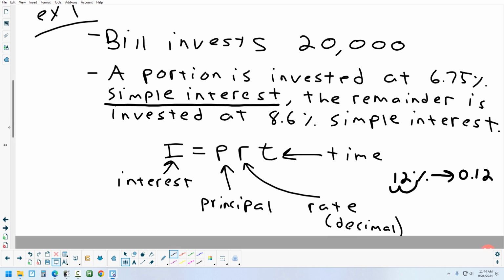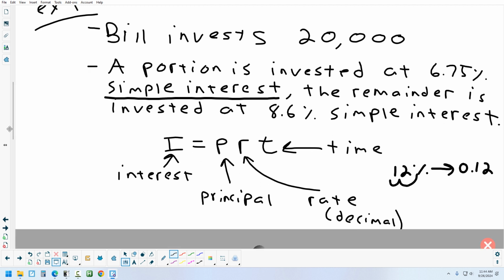So we don't know how Bill's going to split up his money. But he's got $20,000. He's going to invest all of it. He's going to put some of the money here in that investment. He's going to put the rest of the money there. But we don't know the split. Could be equal, 10,000, 10,000. Maybe he'll do 15,000 and 5. We don't know.